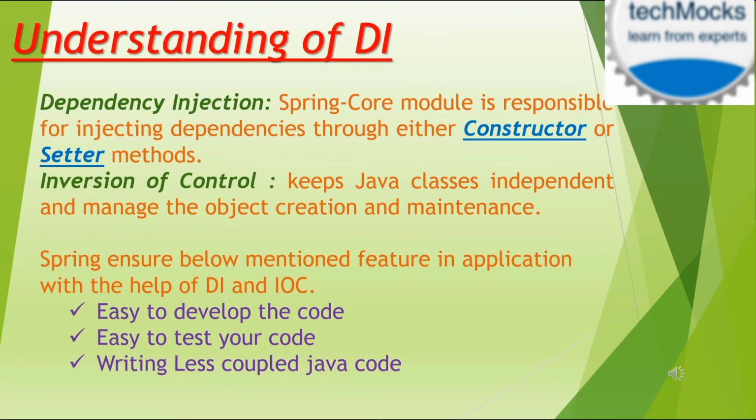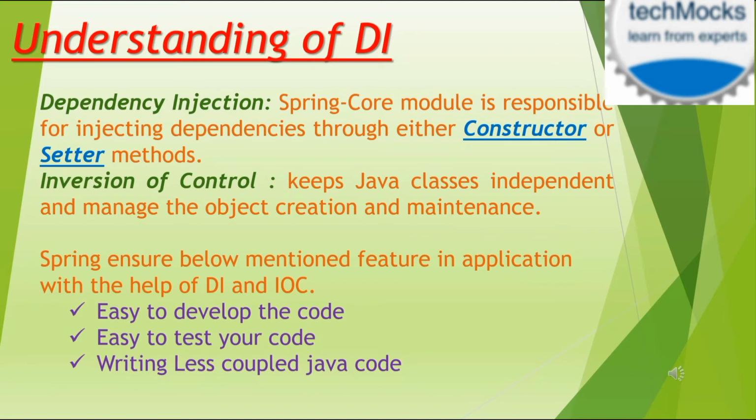When we talk about injecting dependencies, it means that when one class requires a dependent object, or when you call a method which requires an object of a class, that is when it injects the dependencies that are required.